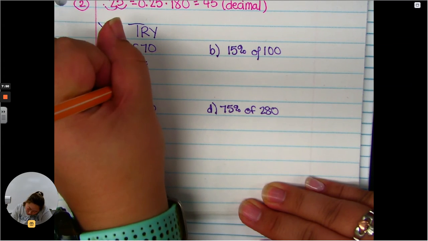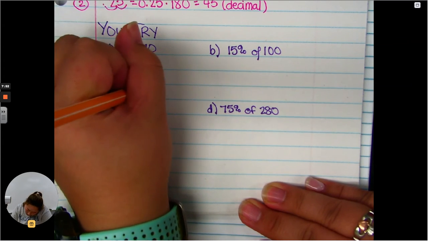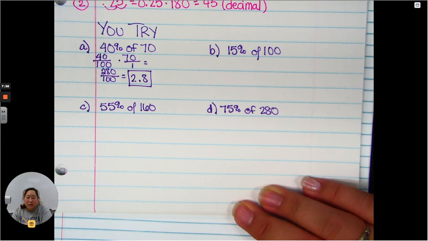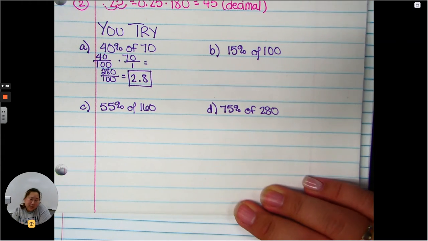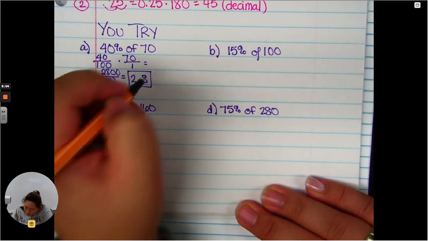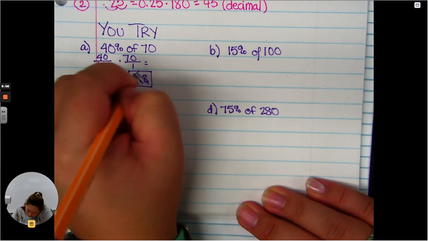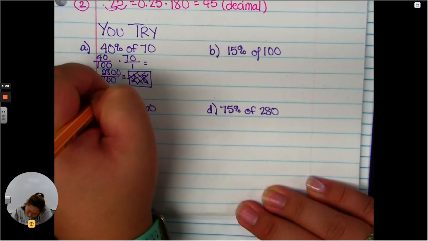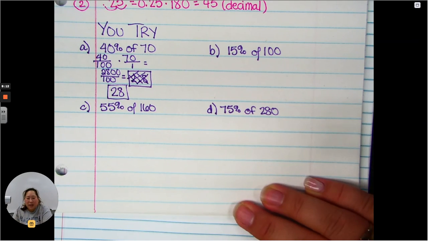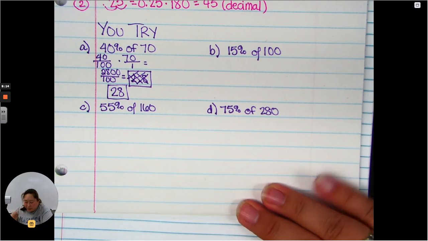So this is going to be 2.8. Again, you could have also done this where you use 0.40. I like it this way. Oh my goodness, Miss Curtin, you are so wrong. It is 2,800. Good catch, guys. So this is really 28. Don't forget when you're multiplying, watch those zeros.